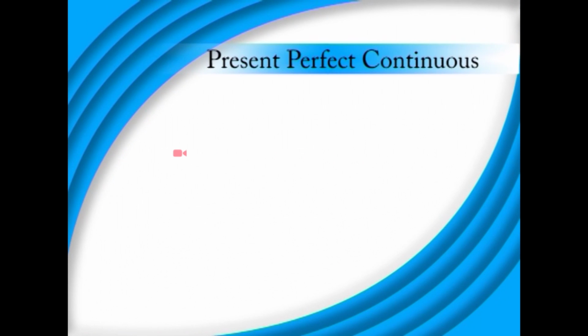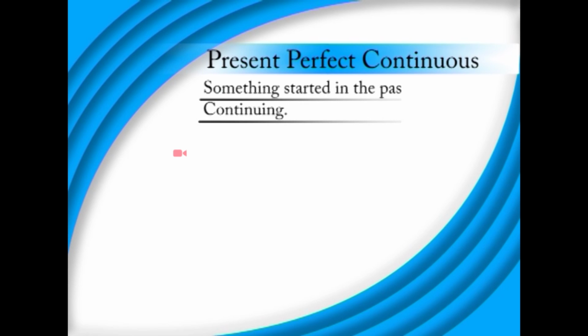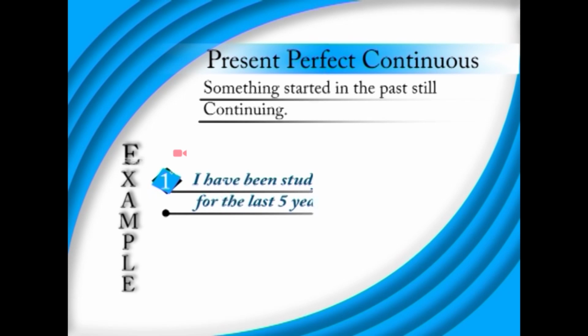And then comes the fourth part of our present tenses, present perfect continuous. Present perfect continuous is something started in the past, still continuing. Like a student who's studying in a school, he says, I have been studying in this school for the last 5 years.